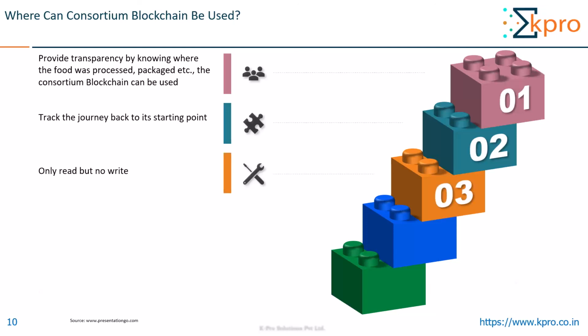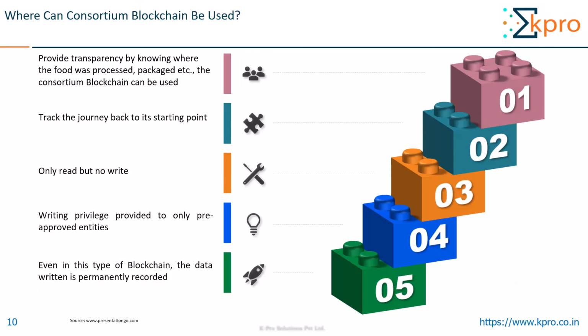But we should not be allowed to write anything, only read the data. The writing privilege is granted to only a few entities like the food processor, packer, and so forth. And even here, like any other blockchain, data written is permanently recorded because the consortium blockchain is also one of the types of blockchain. So this is where we can use this consortium blockchain.